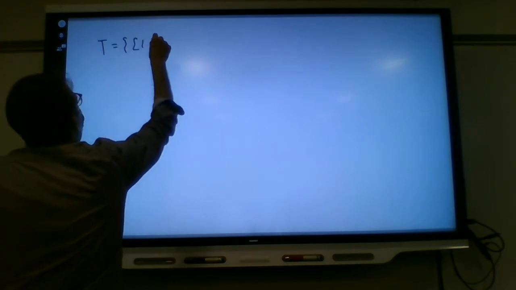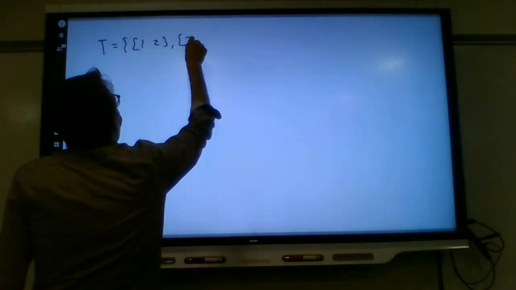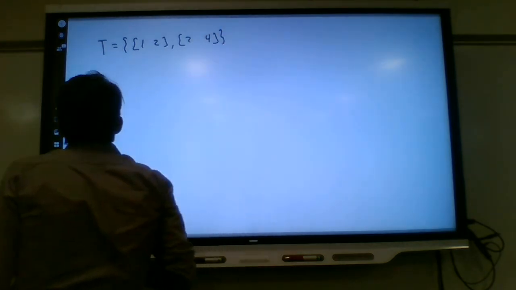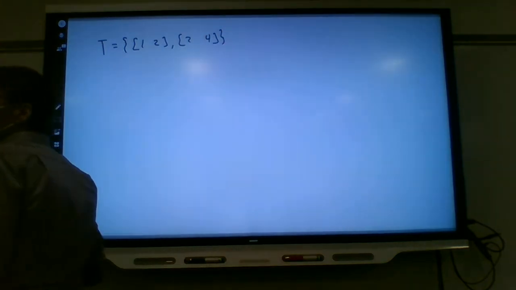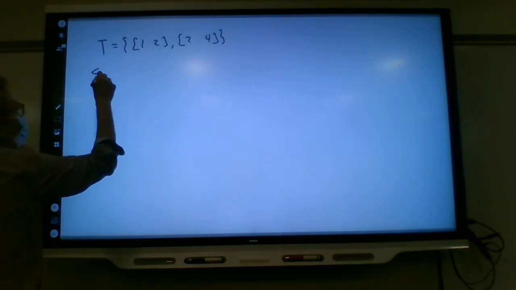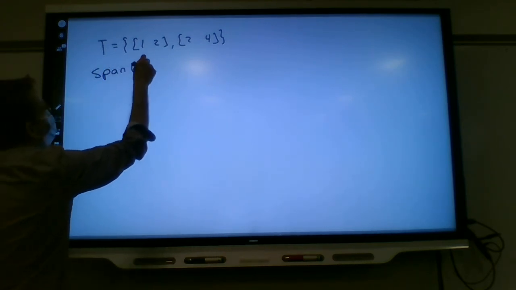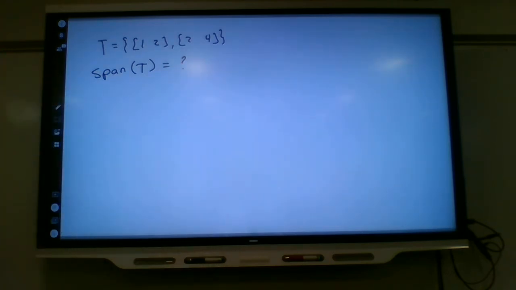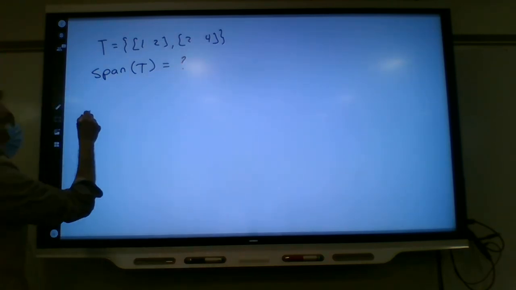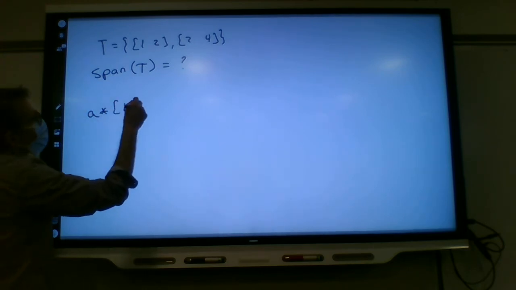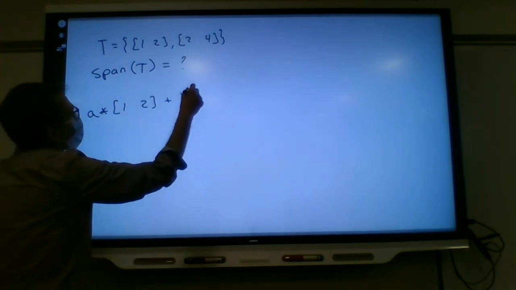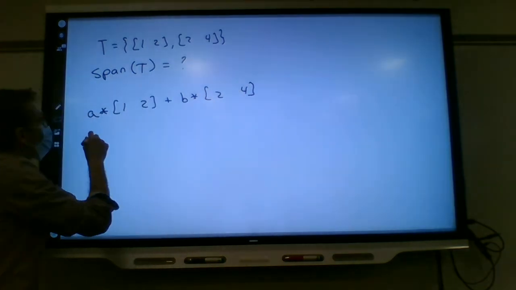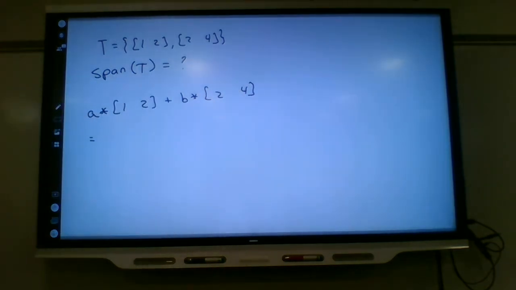All right, so let's look at a new space here. Let's say we have 1, 2, and 2, 4. All right, let's see what we can construct. If we can figure out what span of T is. What's the span of T? All right, so what are we looking at? We want to see what this looks like.